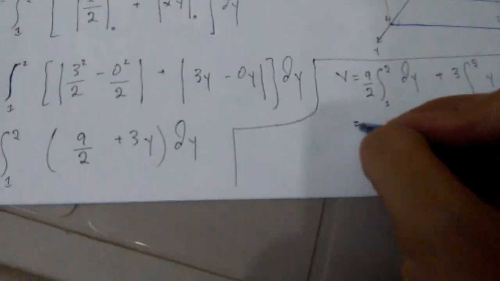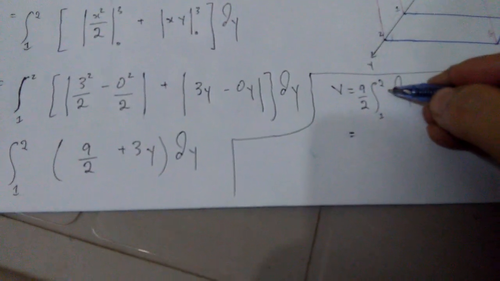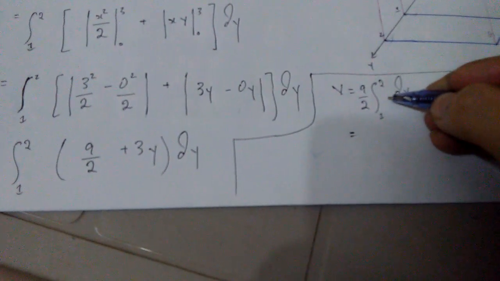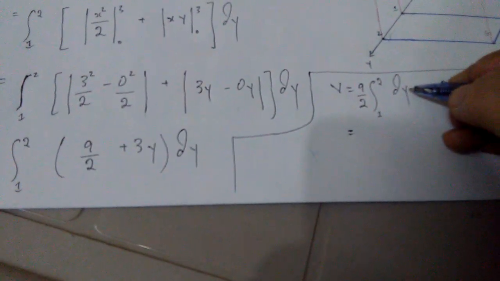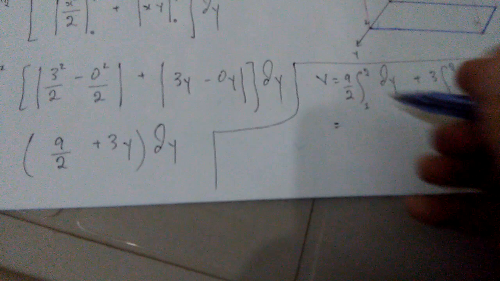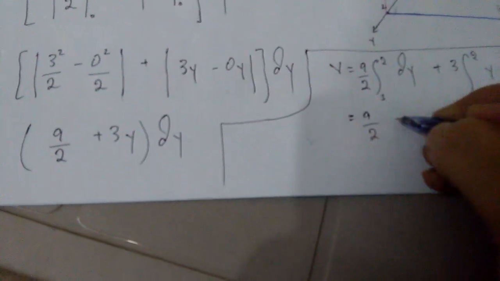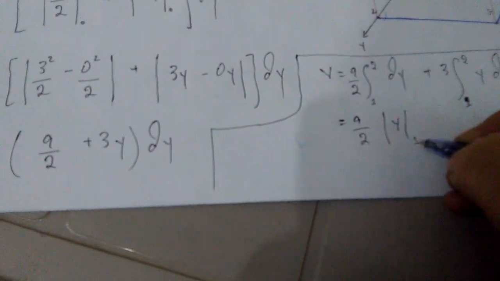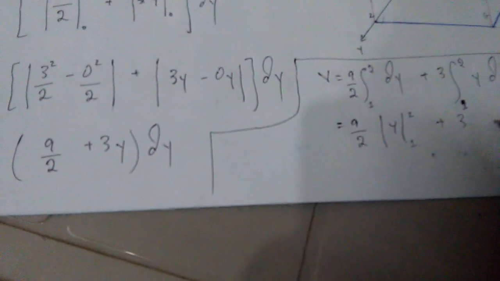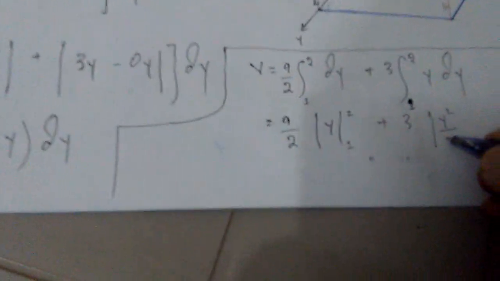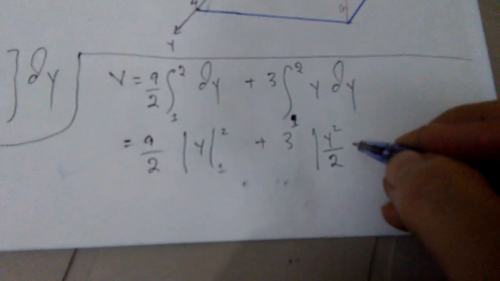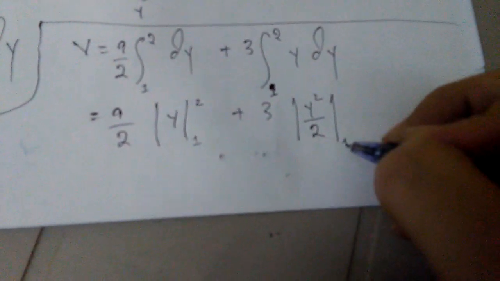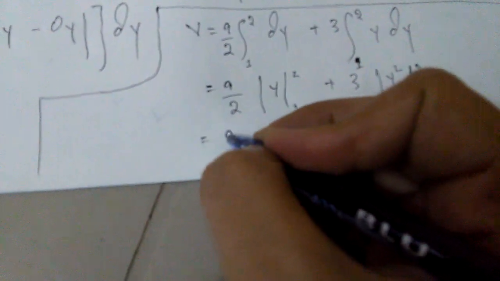Okay, so now the integral of 1 gives you the corresponding variable mentioned in the differential. So it's nothing but y plus 3 times y square upon 2, with limits 1 and 2. Okay, let's apply the limits.